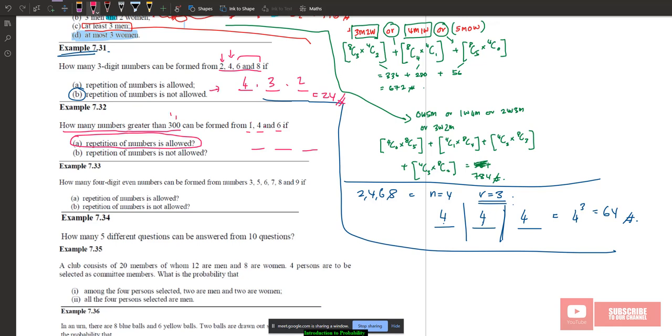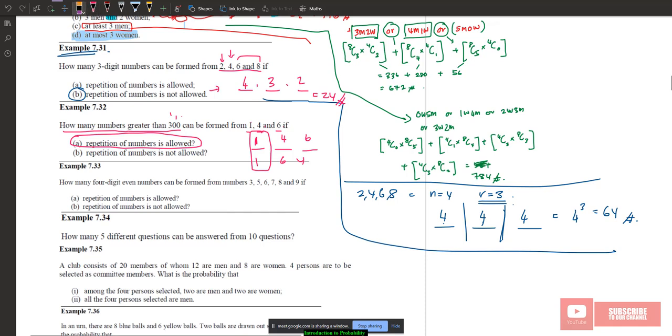If the first digit is 1, this is not greater than 300, whether it is 1, 4, 6 or 1, 6, 4. You have 2 possible outcomes if the first digit starts with 1, and it means the number is not greater than 300.